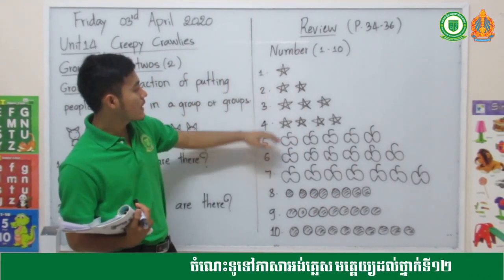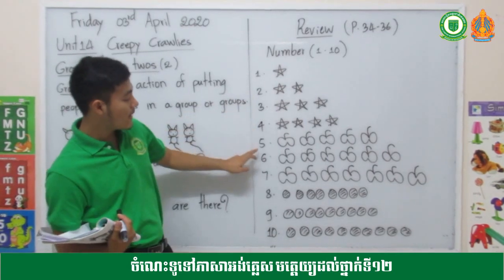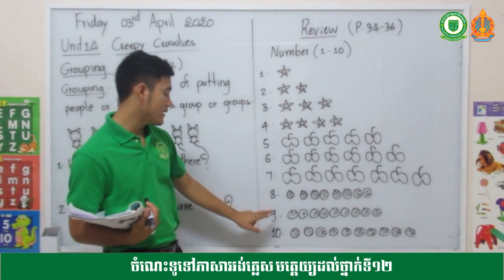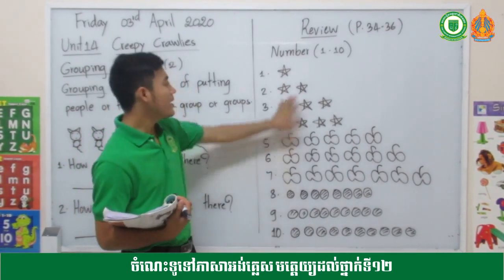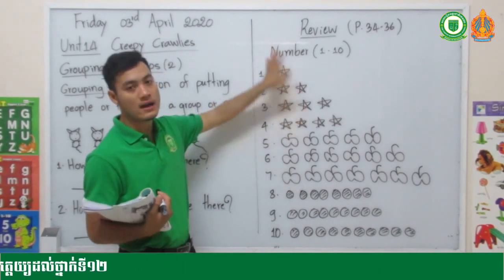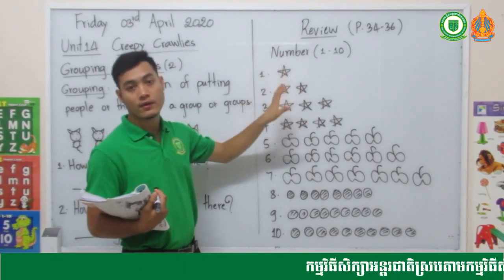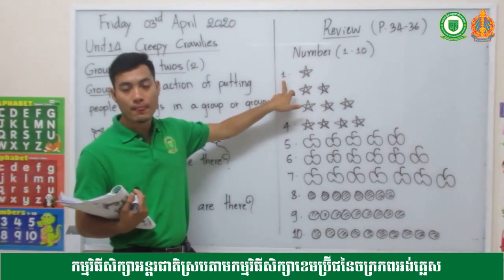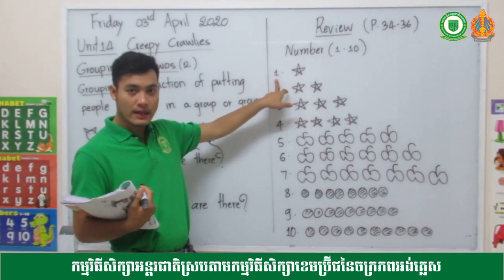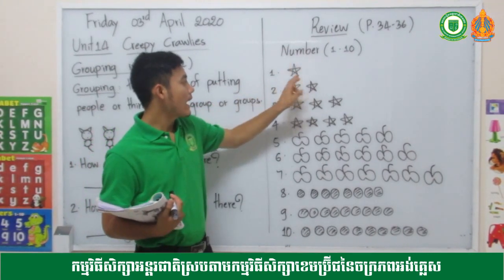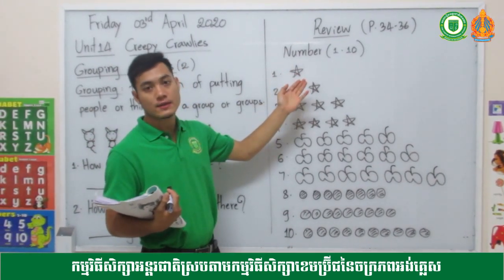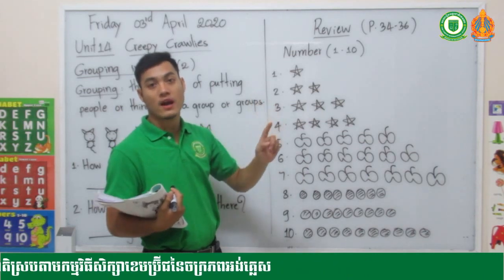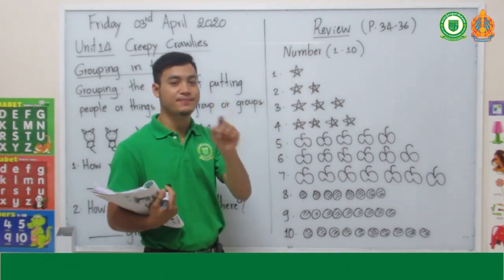So here are numbers 1, 2, 3, 4, 5, 6, 7, 8, 9, 10. And here are some objects that we're going to count together. Here we say number 1, and we look at how many stars there are. Only one star, or we can say 1 finger.